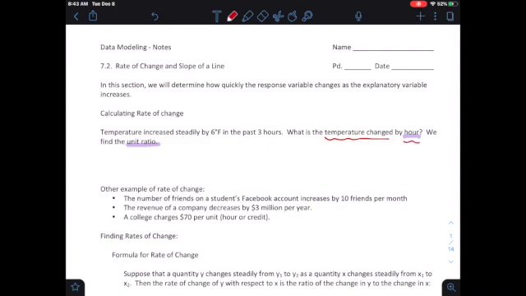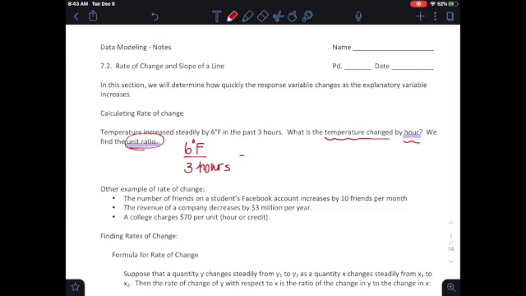So temperature will be going on top: 6 degrees Fahrenheit over 3 hours. Notice I put down all my units, and they want a unit ratio.